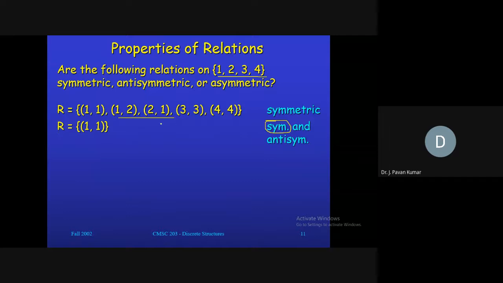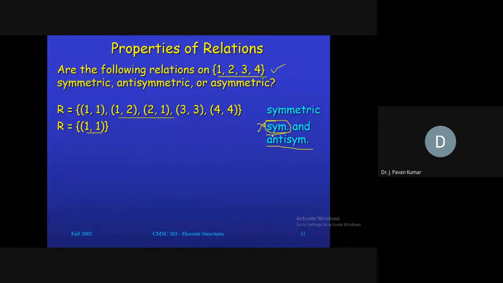But for other elements which are part of this set, 2, 3, 4 are there, right? For those, it is not satisfying. But for anti-symmetric, there is no restriction to have all such pairs. If A comma B and B comma A is part of the relation, A is equal to B. That's the condition. So it is anti-symmetric, but not symmetric. Understand?